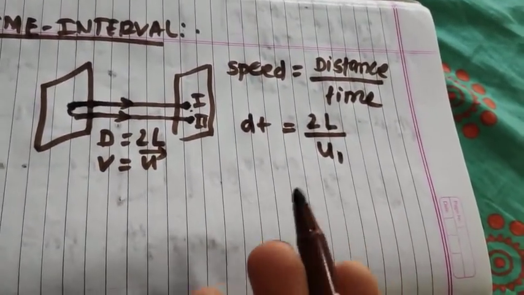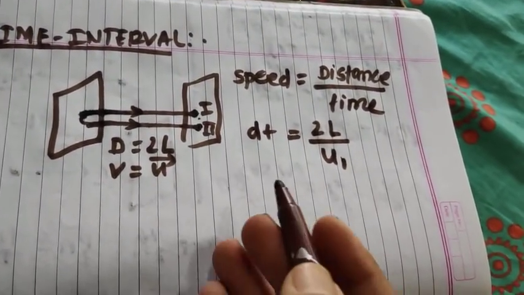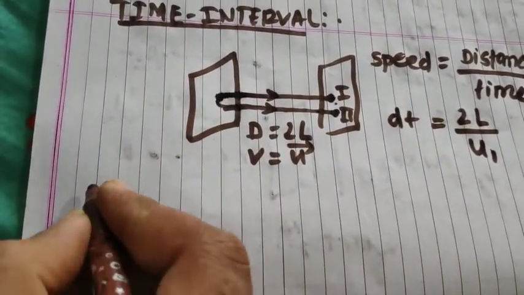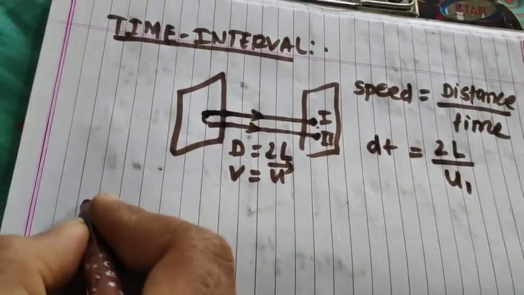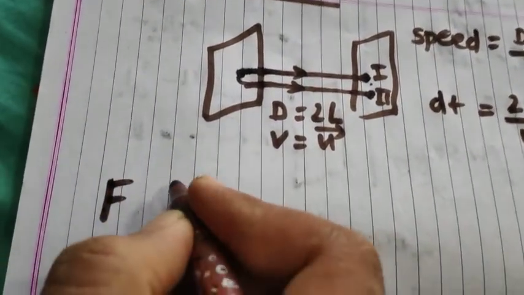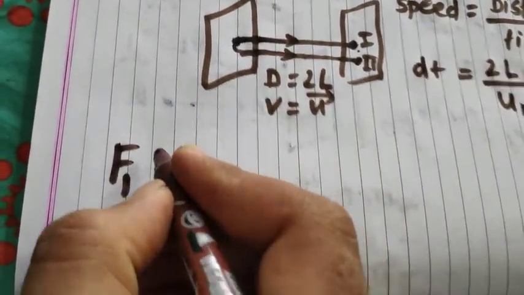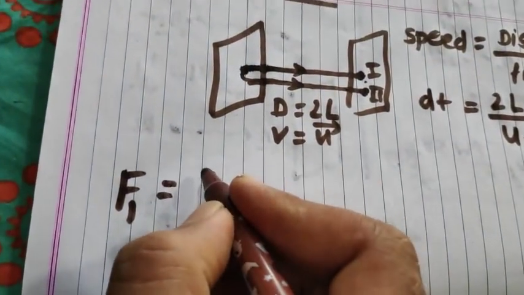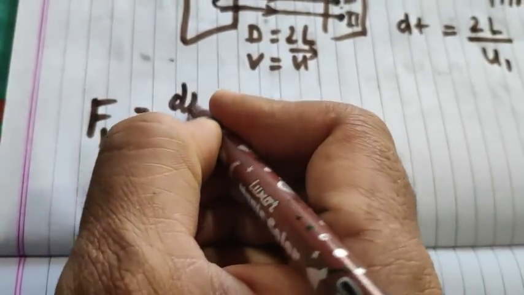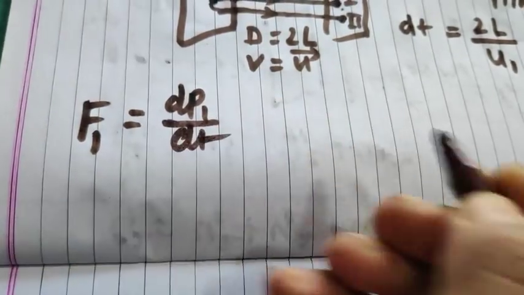Now as we have got the change in momentum and we have got dt, we can get the rate of change of momentum, that is, the force F of the first molecule. According to Newton's second law, F1 will be dp1 upon dt.